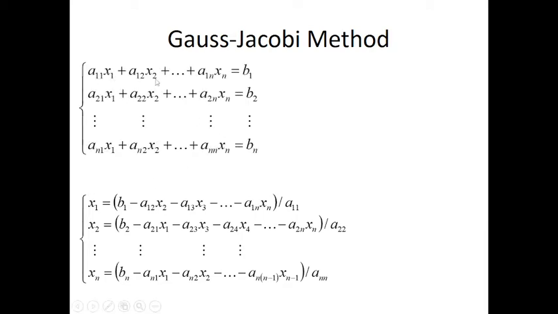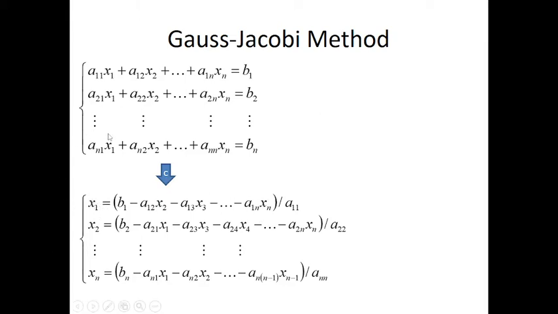Okay, so suppose we have this system of linear equations. To perform Gauss-Jacobi iteration, we have to transform every equation in terms of the variable.